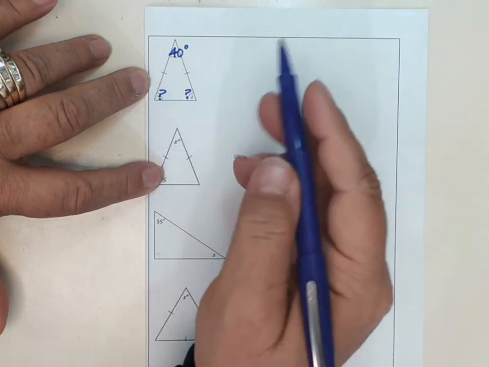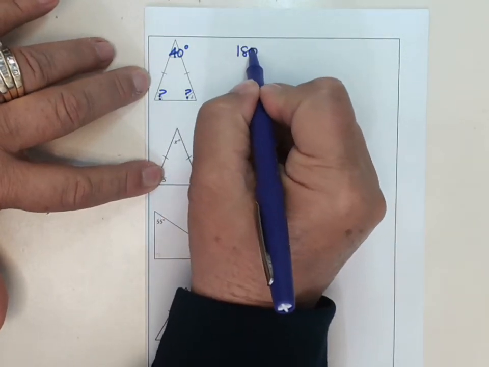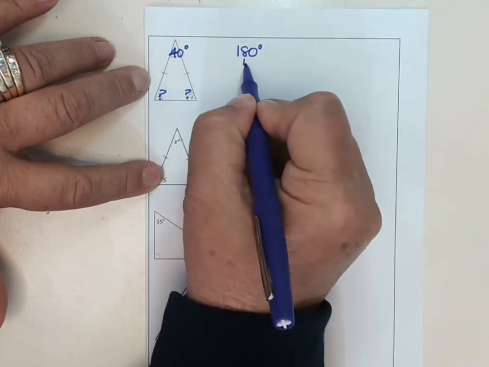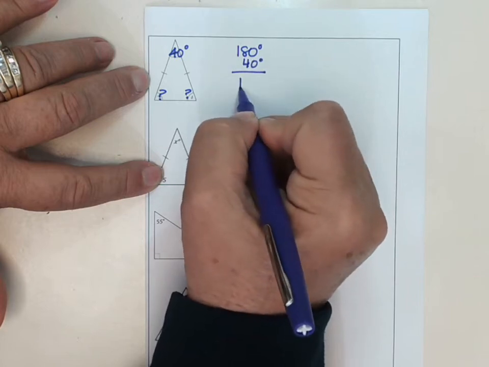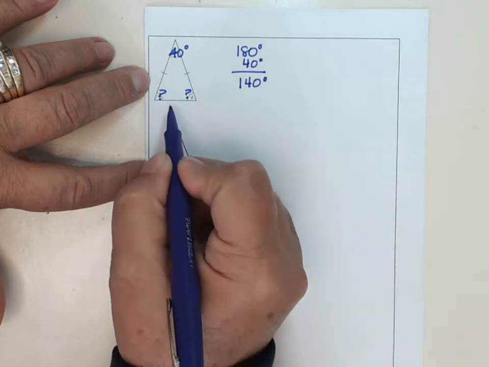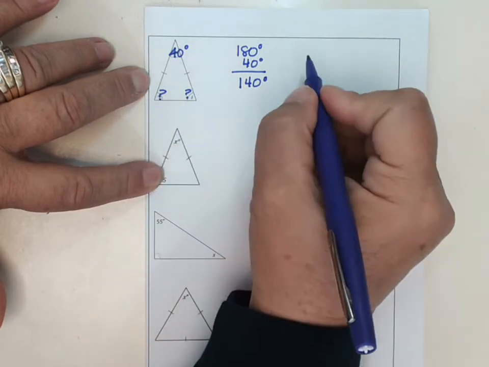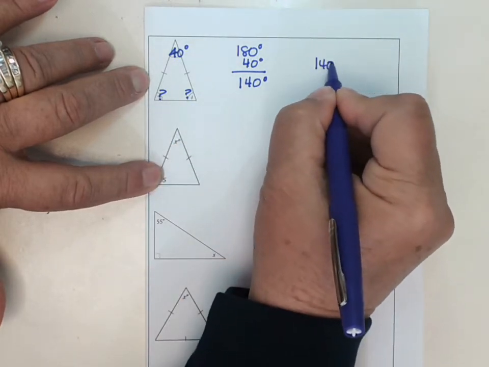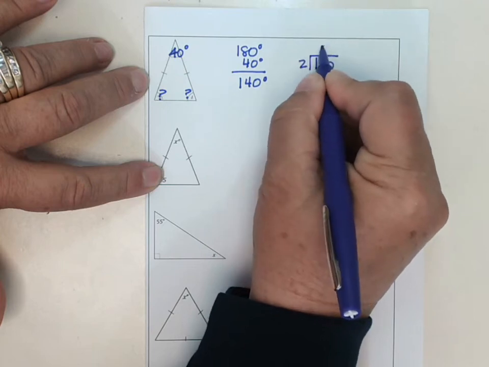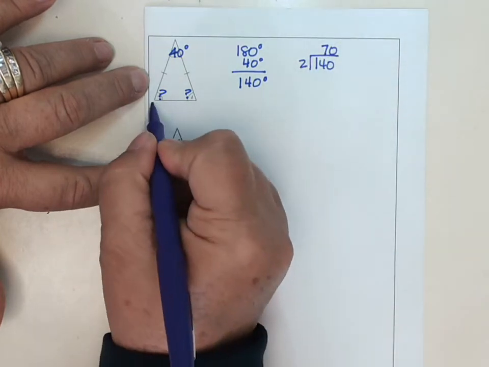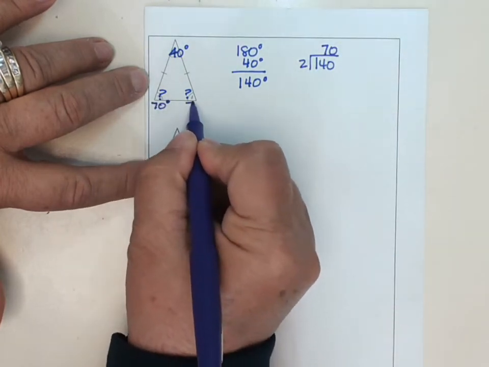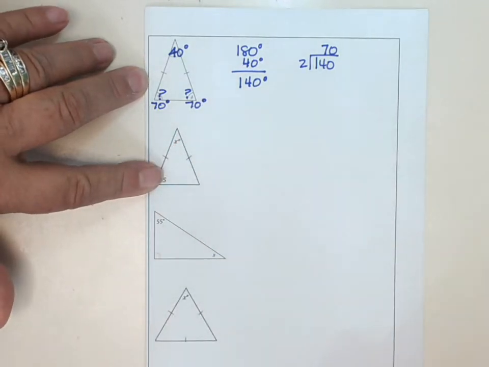Okay, I know they all add up to 180. So let's take away the top angle first. So I get 140. And I have to split that evenly between these two. So if I split it evenly between two angles, I get 70 degrees here and 70 degrees here. Isn't that cool?